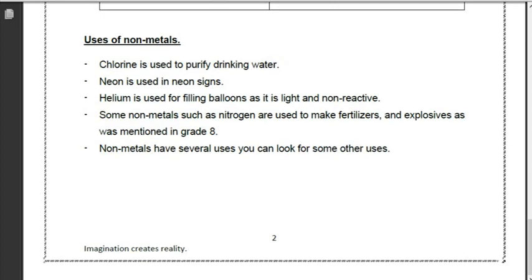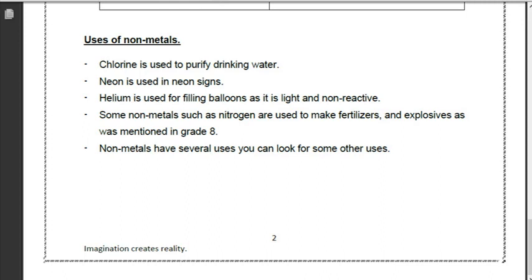Uses of nonmetals. You can just have a read on those. Neon signs, the bright lights, right? I don't know if we have bright lights in Oshakati and Ongwediva, but hopefully you do.